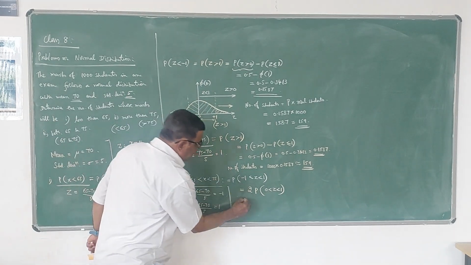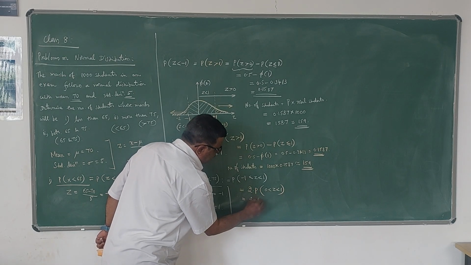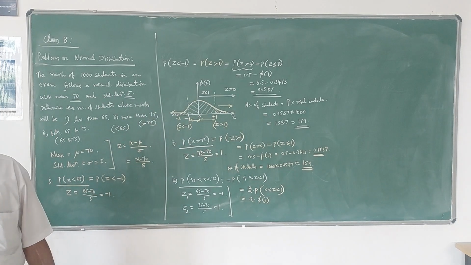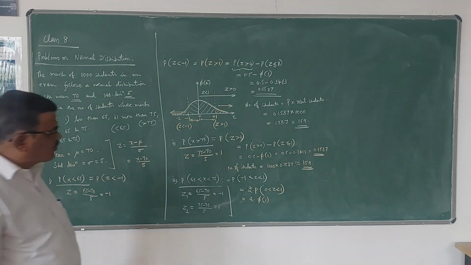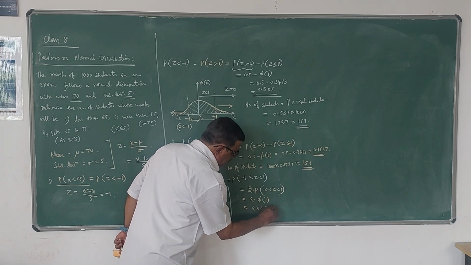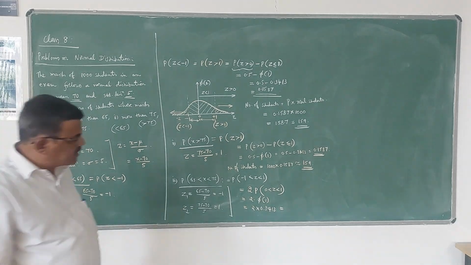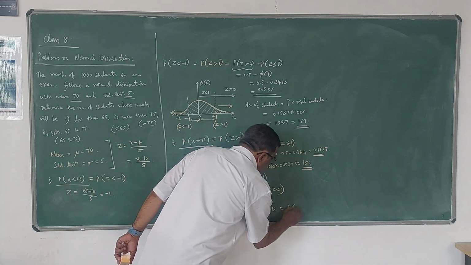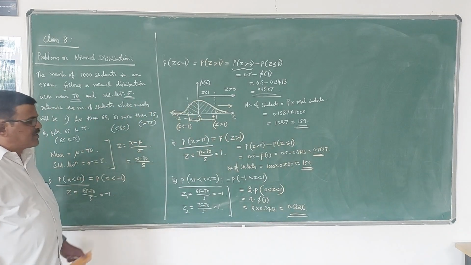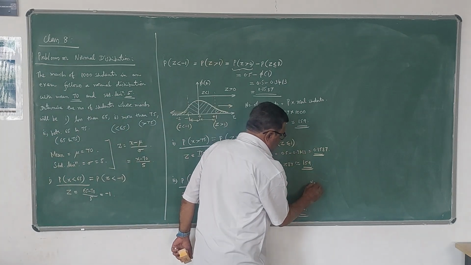So this is nothing but 2 times phi of 1. Phi of 1 value is 0.3413 from the table. So 2 times 0.3413 is 0.6826. That is the answer. So the number of students who can get marks between 65 and 75 is 0.6826 into 1000, the number of students in class.